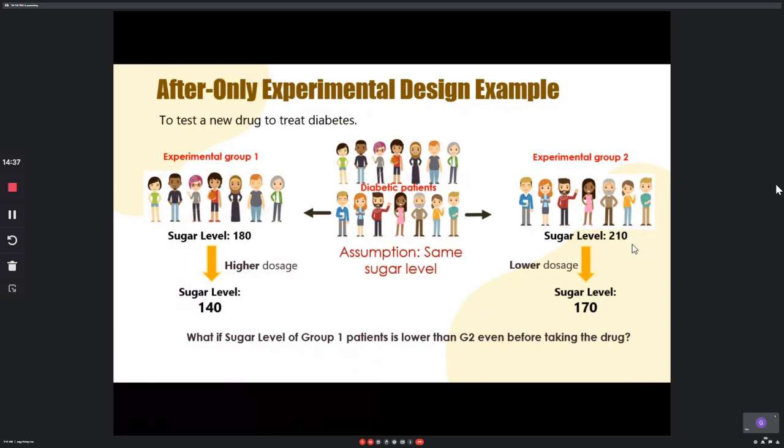If your sugar level is 180, 180.5, 181, 179, that is all right. We can assume that they have the same sugar level. But when we look at these two experimental groups, if you do not measure their sugar level before you start the experiment, they might actually have different sugar levels. So this will make your result inaccurate if you just take the after-only experimental design.